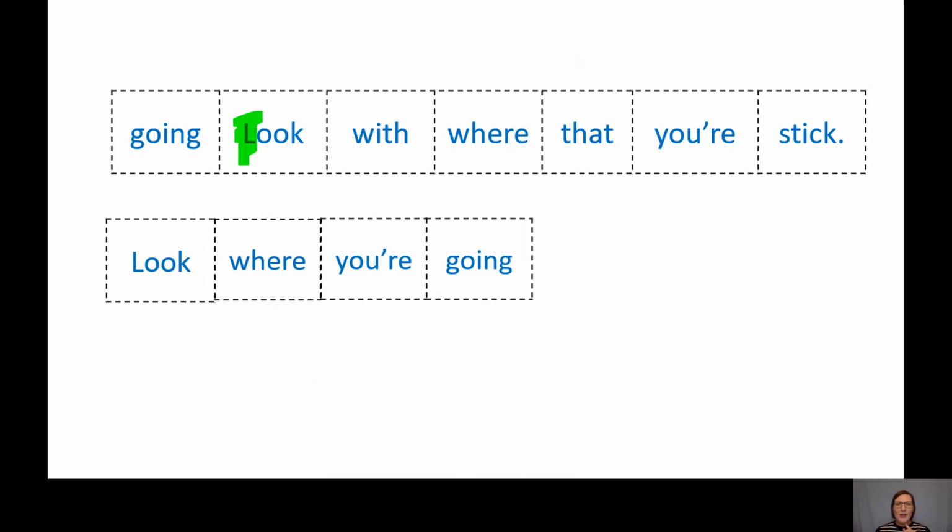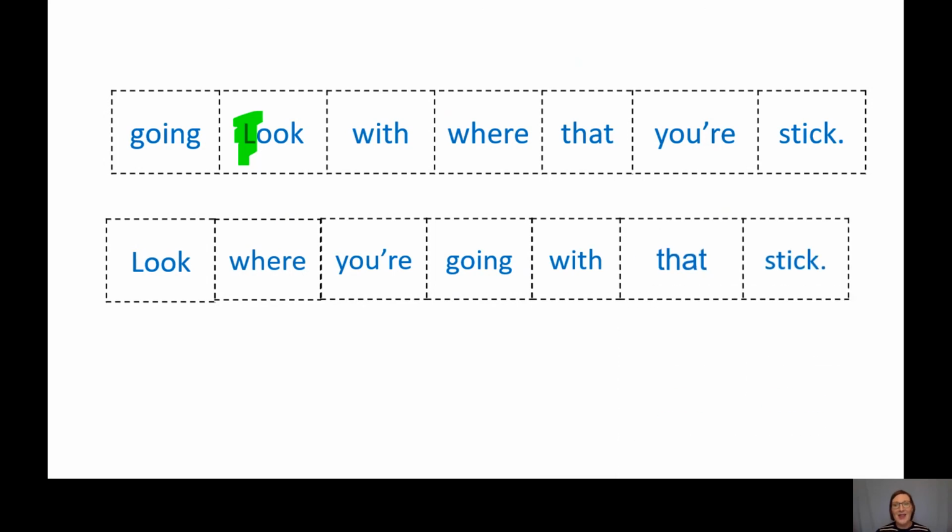Oh, what's next? Is it with or is it that? That's right, it's with, isn't it? Look where you're going with that stick. Can you see our capital letter is at the start of our sentence and our full stop is at the end?